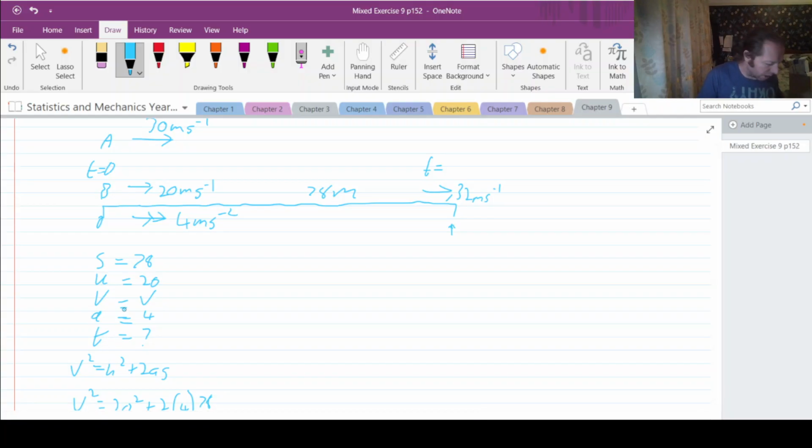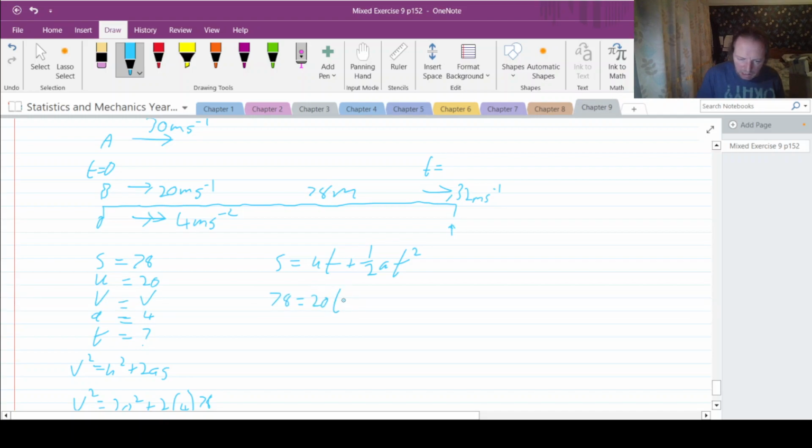So in this case, I want the no v equation. So I'm going to use s equals ut plus a half at squared. Okay, and so we know the distance is 78, the initial speed was 20, times t, plus a half times 4 times t squared.